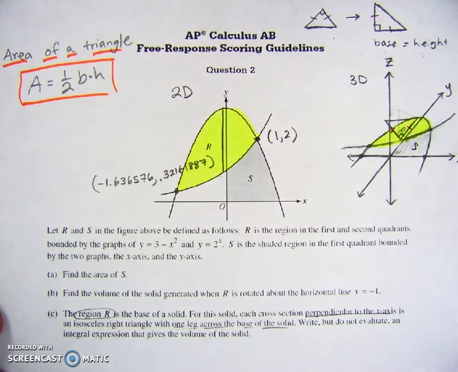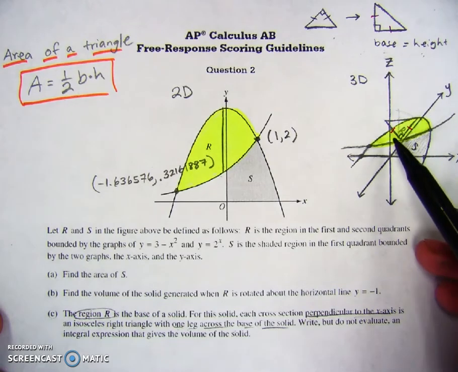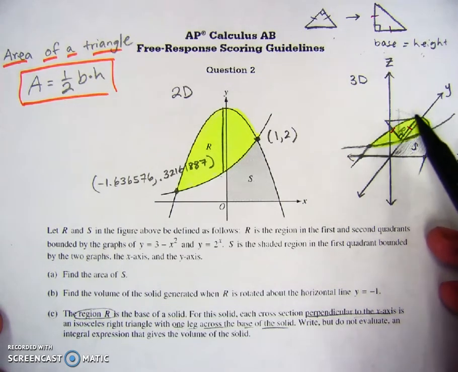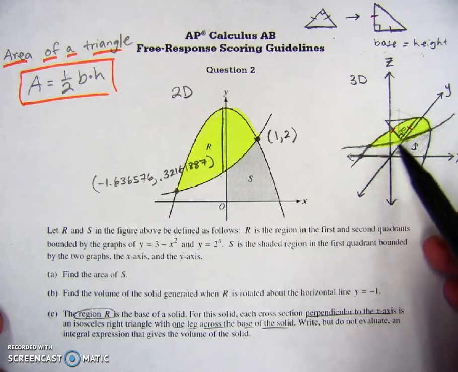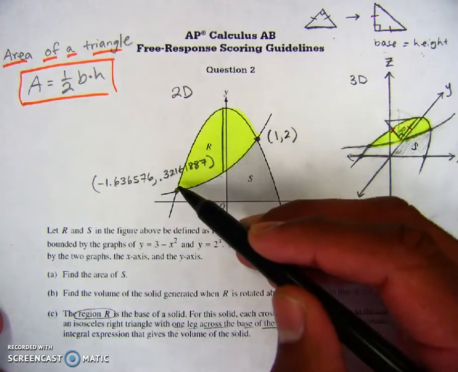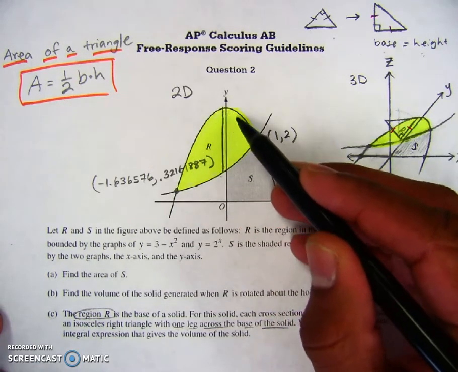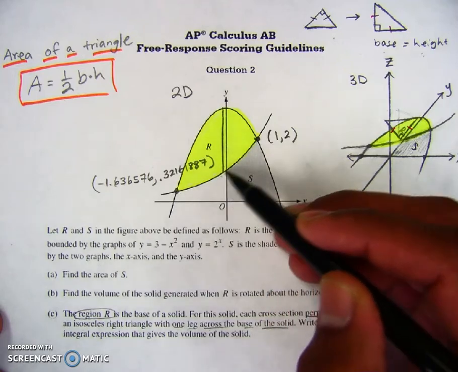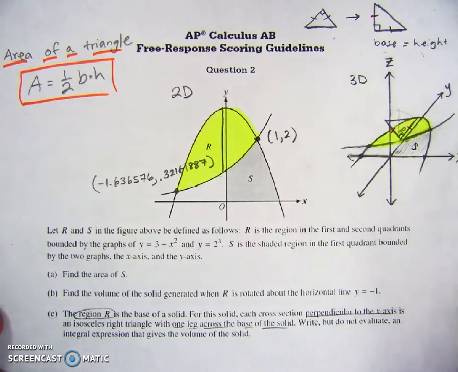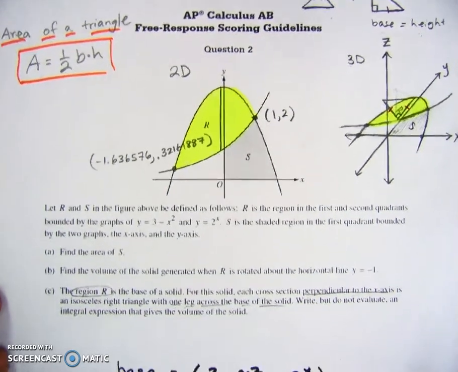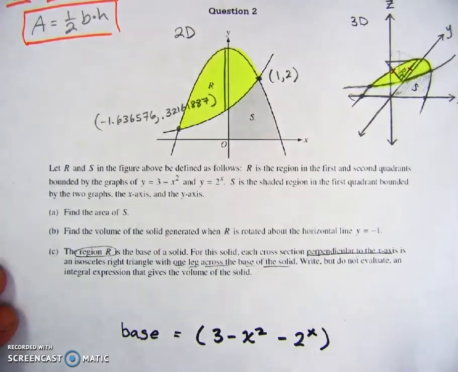All you really have to keep in mind is the concept of the upper function minus the lower function. It's easier to see in 2D, because we are integrating with respect to x, we do the upper function minus the lower function.